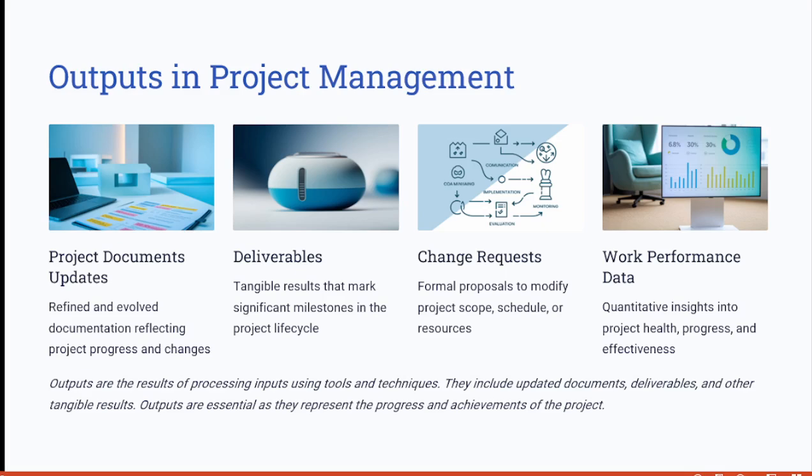The key outputs that you might also see in most of the project processes are the project document updates and deliverables, change requests, work performance data, or work performance information, which is considered one of the outputs of the monitoring and controlling process group, which we are going to discuss in detail in the later sessions.